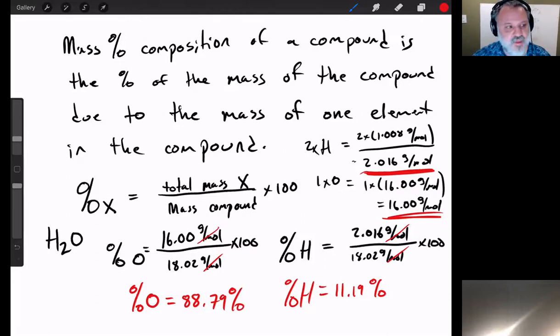Angela has a good suggestion. 16 divided by 18. 16.00 divided by 18.016. That gets us 88.81. That sure does, doesn't it? If we use all the decimals over here, it's where it changes. 88.81. Now that's 100, right?